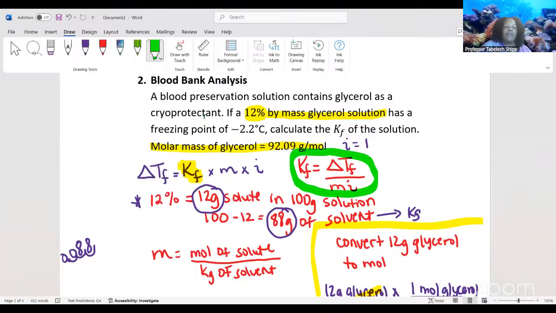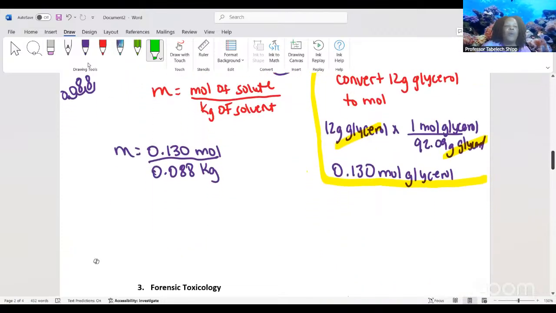K of F is equal to delta T of F divided by molality times the Van't Hoff constant. Okay? Here on top of our formula is our freezing point, negative 2.2 degrees Celsius. So that number is going to go on the very top. So we're going to rewrite our formula and plug in the numbers that we need to solve this problem, okay?